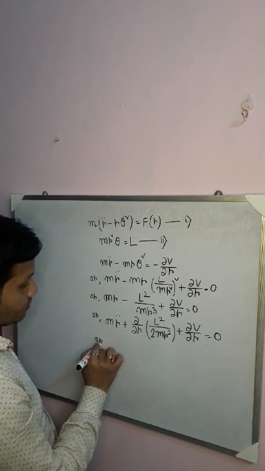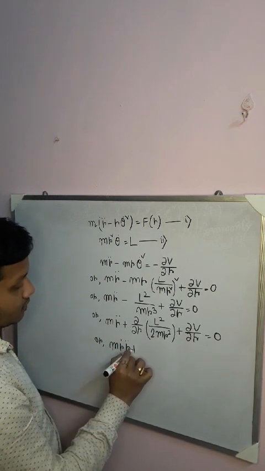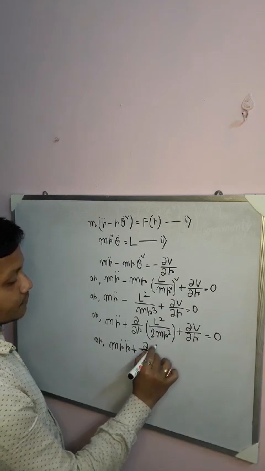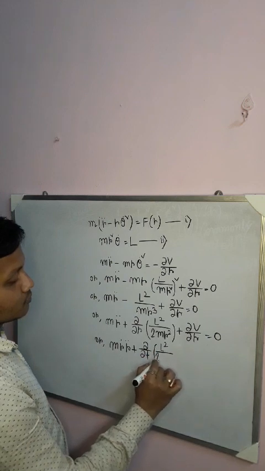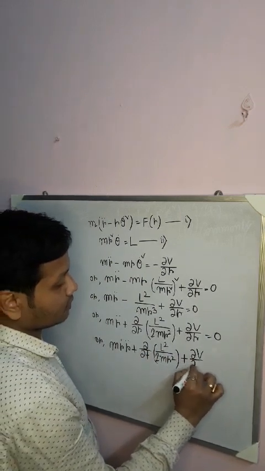Now multiply this equation by r dot. So this is simply m r dot r double dot. r dot means del r del t, so this becomes del del t of L square by 2 m r square, and this becomes del V del t.